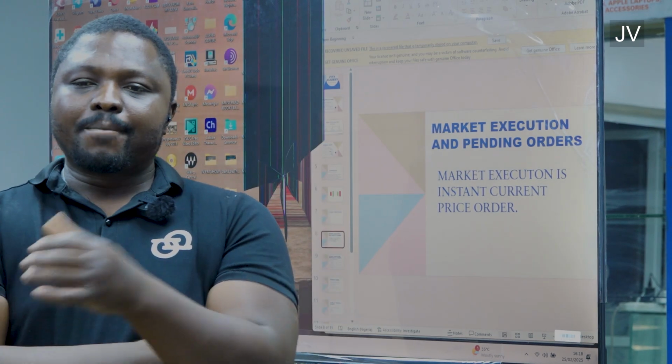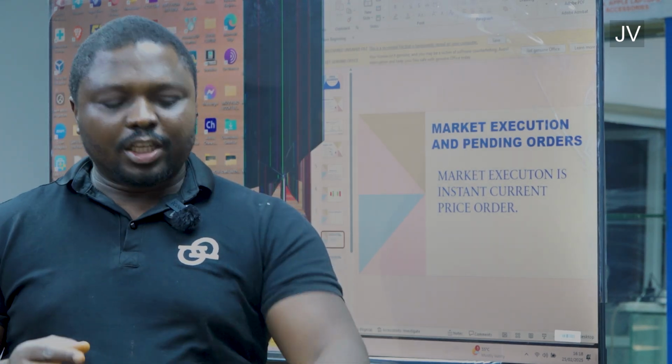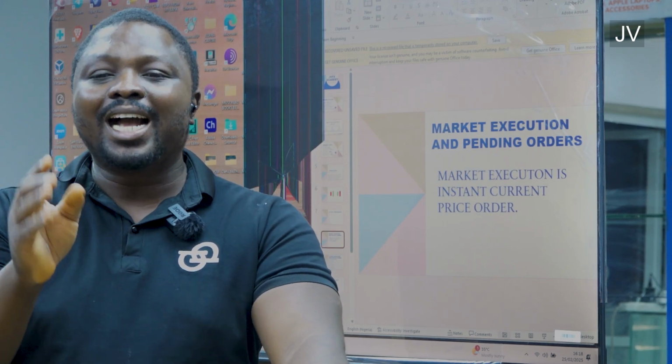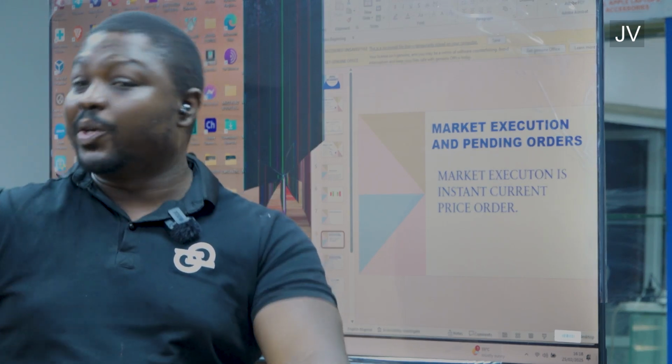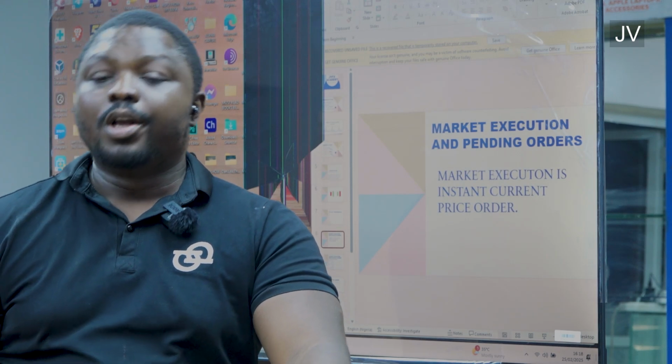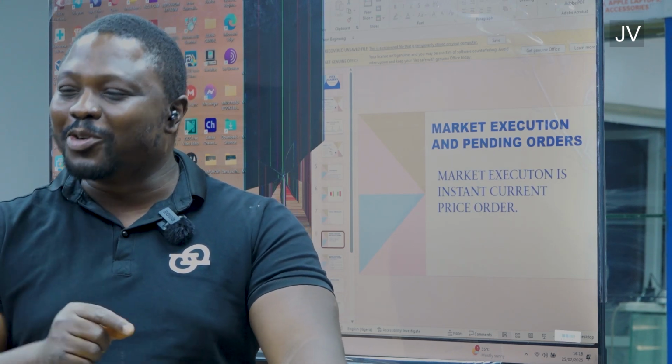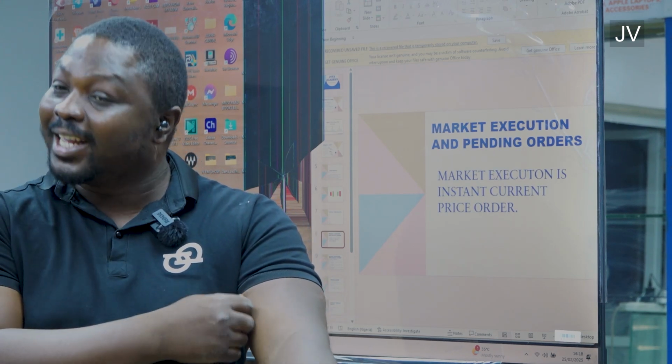Yes, you're on the right path. Now, if you look at it, your money, your capital, will determine whether you can be a long-term trader or not. If you have $100, you can never be a position trader, because how many years do you want to spend before you will be able to make a lot of money?